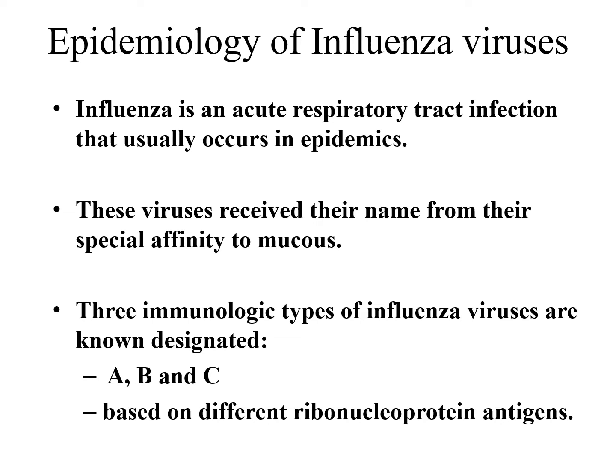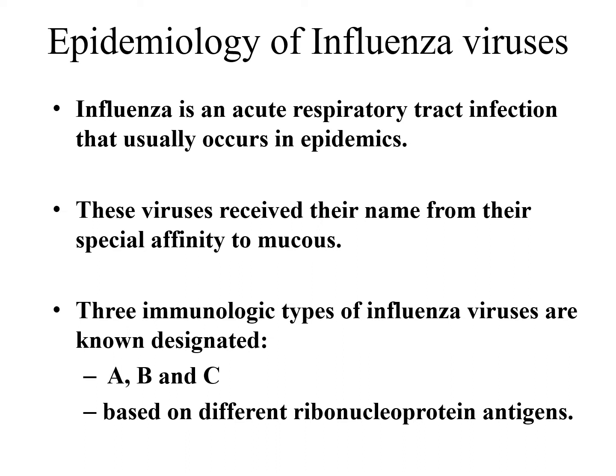Influenza causes an acute respiratory tract infection that usually occurs in epidemics, and it occurs mostly during the winter months. During the winter we see an increase in the number of cases with influenza virus infection.